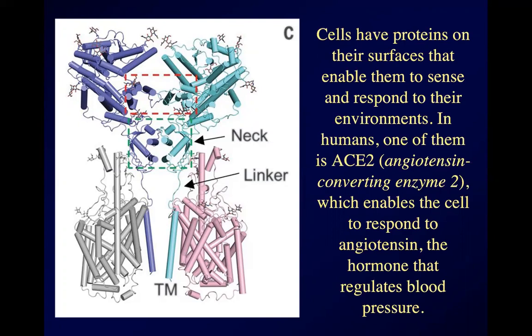The way this has been diagrammed, every one of these things that looks like a little stick is actually an alpha helix. So these gray, purple, blue, and pink areas right there, each one of those is a separate polypeptide. And then all four of them fit together to make a shape that looks a little like a kind of blobby X.